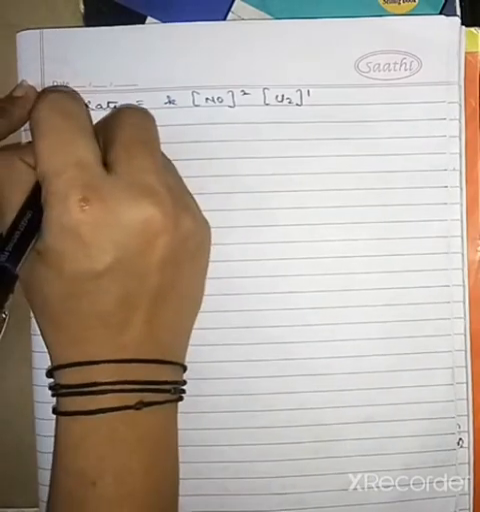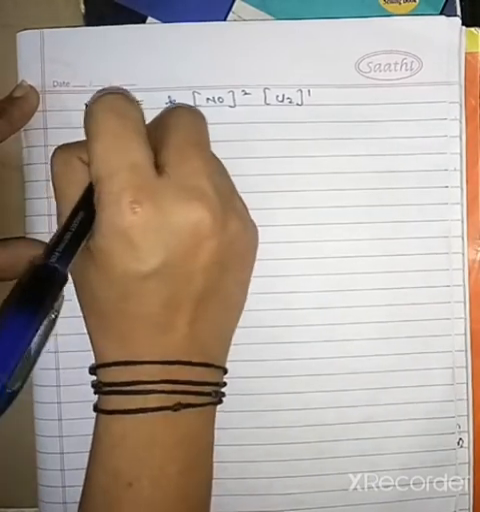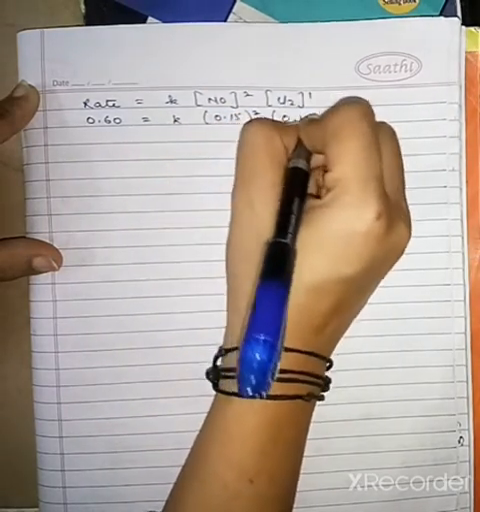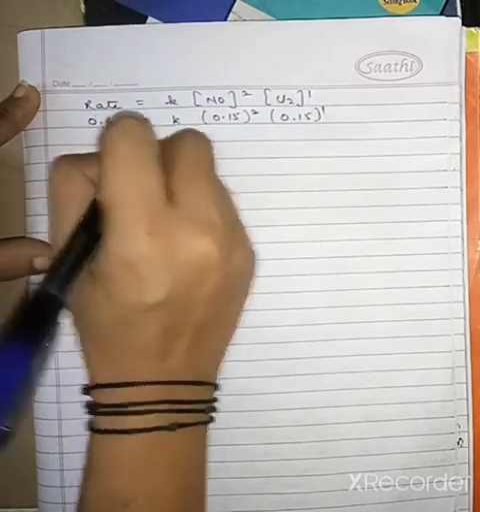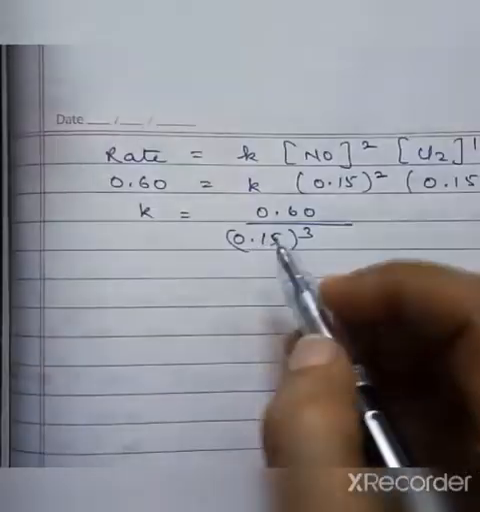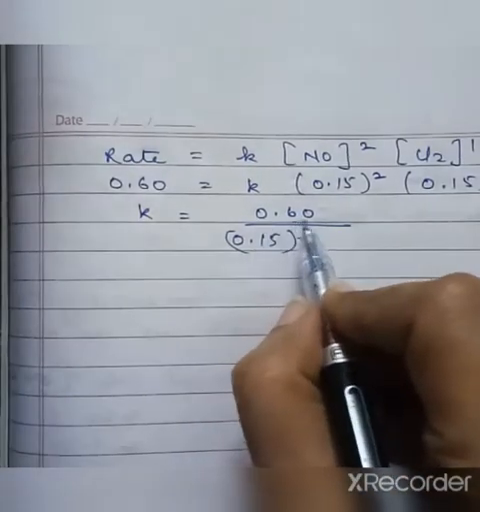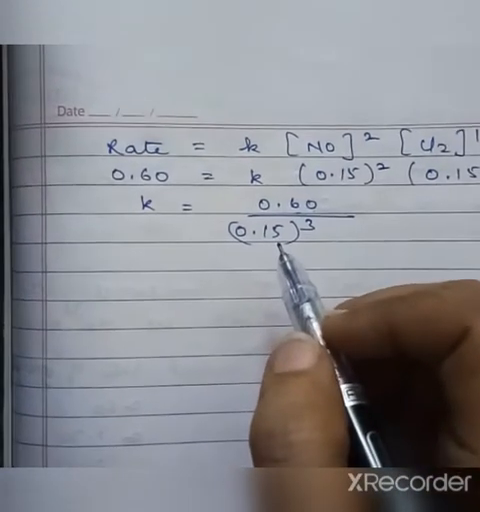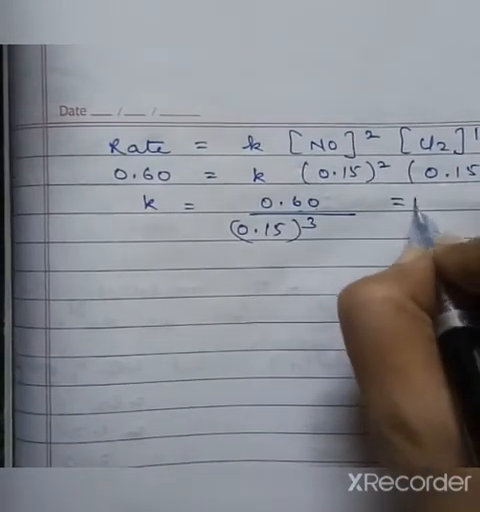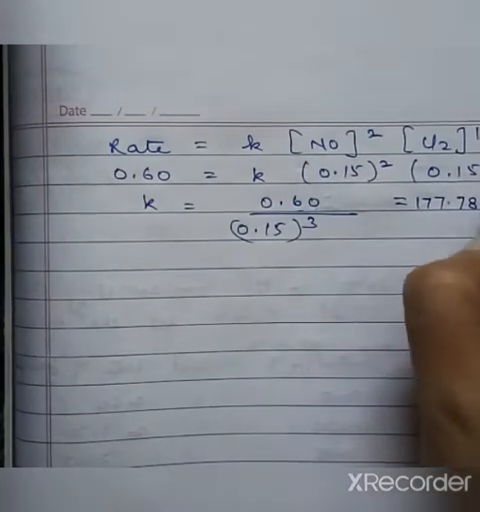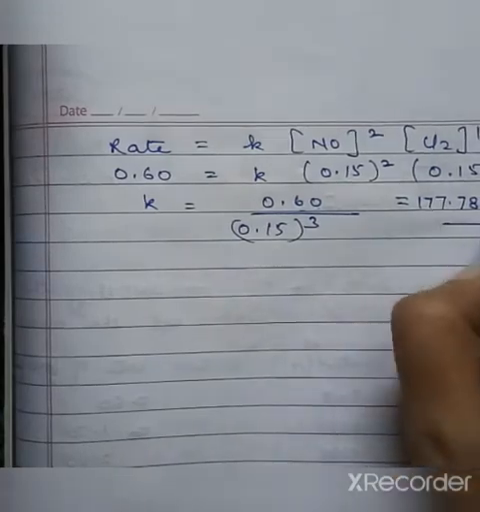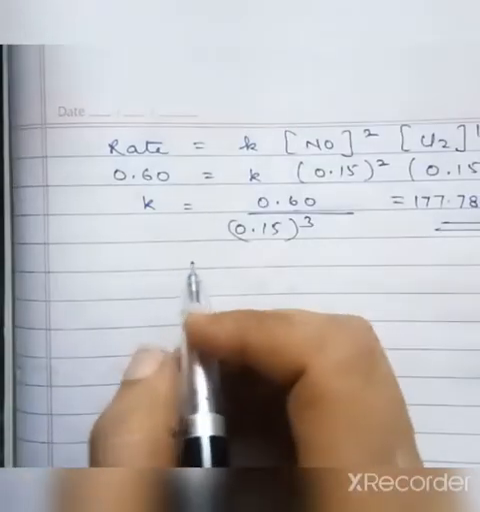Now we can take the rate from any equation, 0.6 from experiment number 1. 0.6 is K times 0.15 to the power 2 and 0.15 to the power 1. So K is 0.60 divided by 0.15 to the power 3. When we solve this we get the value of the rate constant as 177.78 mole to the power minus 2 minute to the power minus 1. So this is the unit of the rate constant.